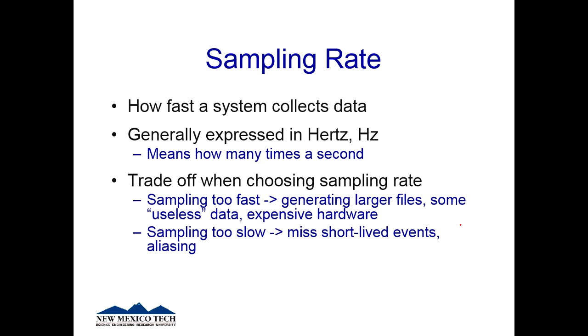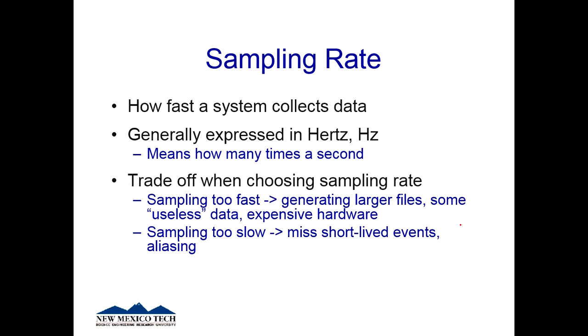Talking in terms of sampling rate, we talk about this in terms of hertz. How many times per second can you collect data? This is one of those things that you're going to have to figure out as an engineer, because if you ask your boss, how quickly should we take data for this, they're going to say, as fast as possible. And there's hardware to do all sorts of things.